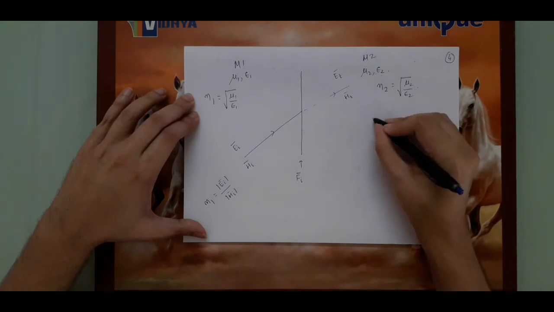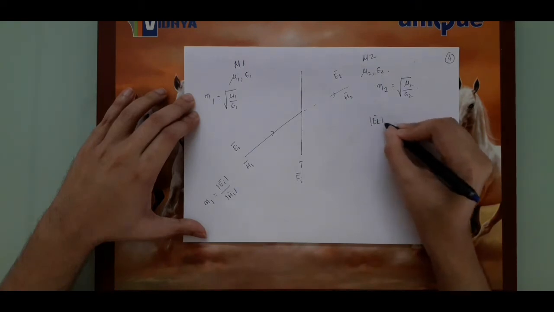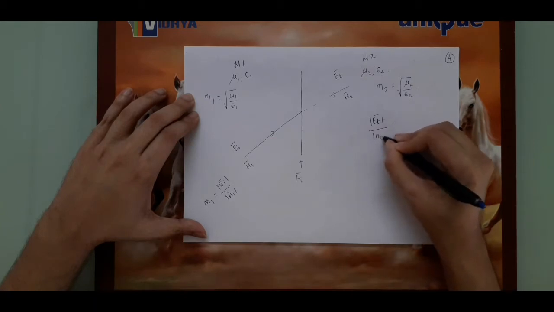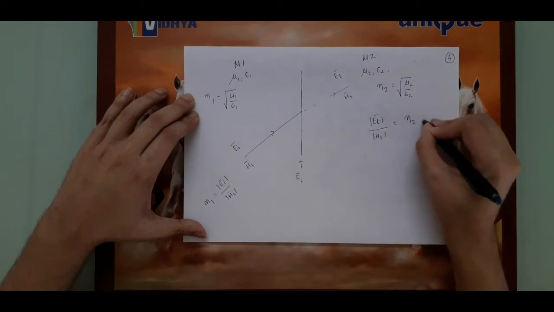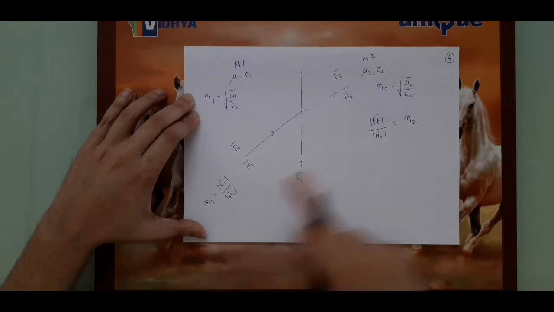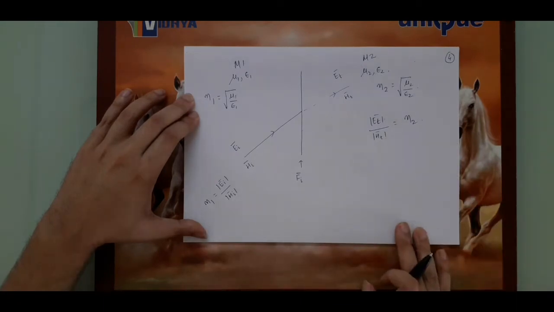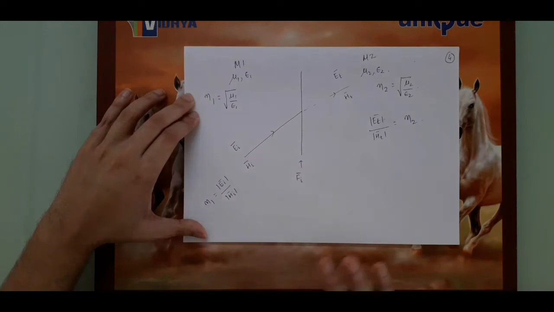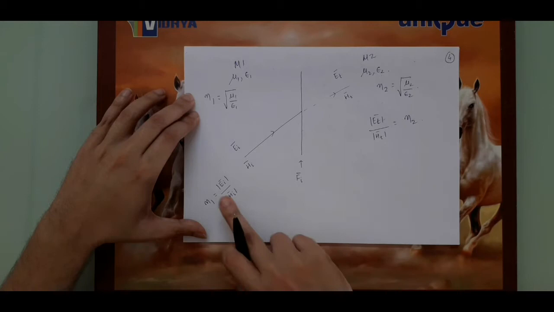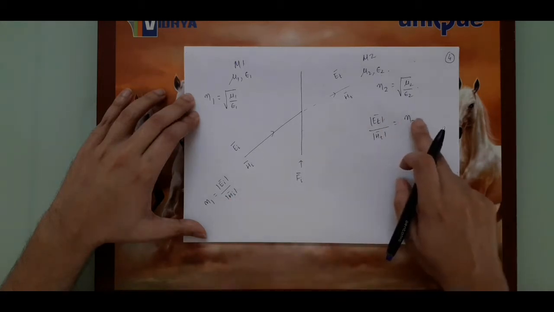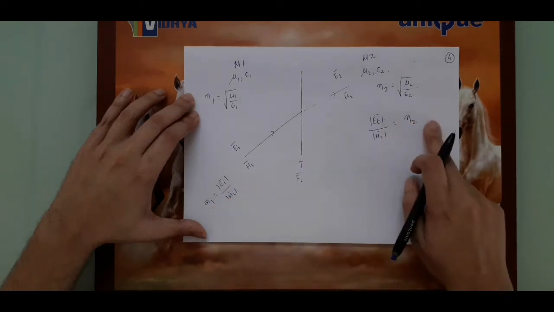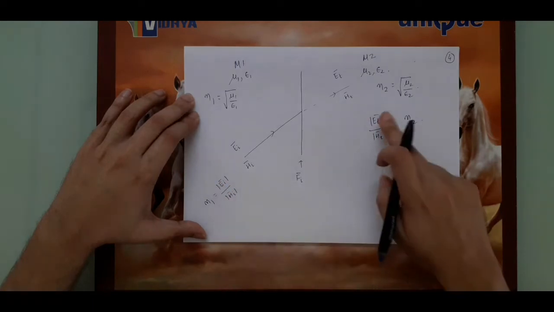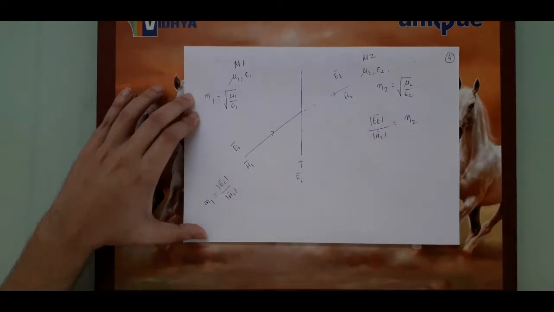So the Et bar mod by the Ht bar mod will be equal to eta 2. Now eta 1 and eta 2 need not be equal. So therefore, from the boundary conditions, I can say that if eta 1 and eta 2 are not equal, then in general the Ei, Et, Hi, Ht also need not be equal.